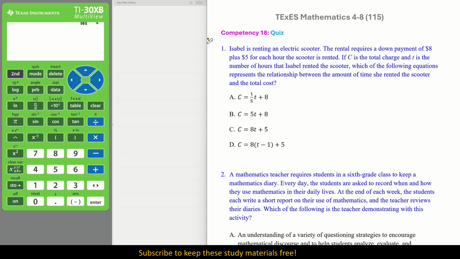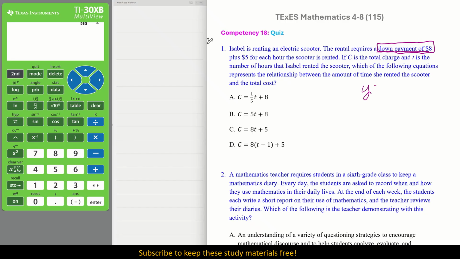Either way. Okay. Well, the reason they ask a question like this is because if you can't answer it, that means you don't know how to teach the children how to pick through these questions. And how do you pick through it? Well, down payment would be the initial value. That would be what we would call the B value.